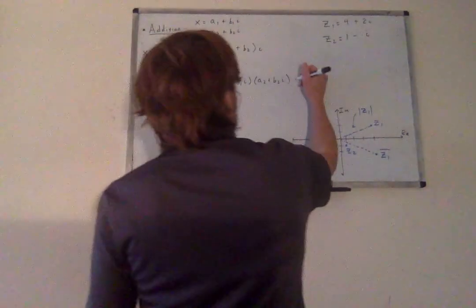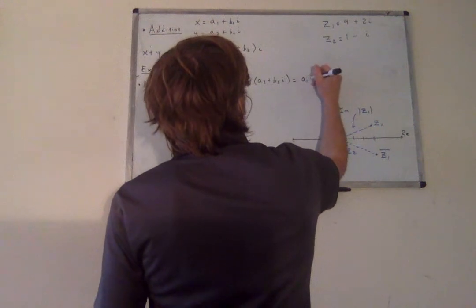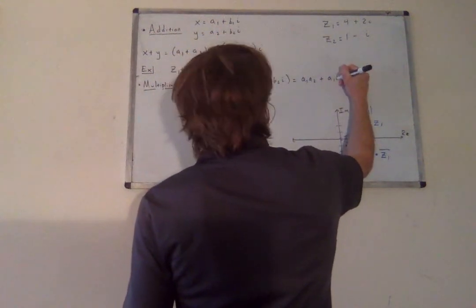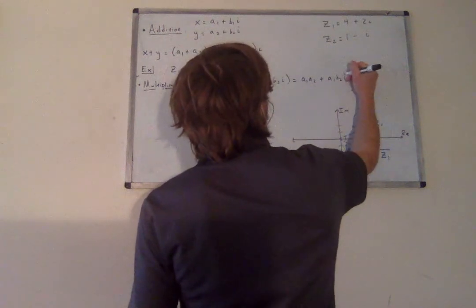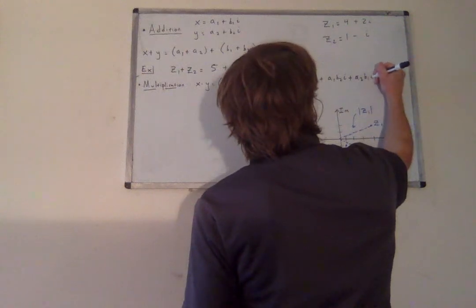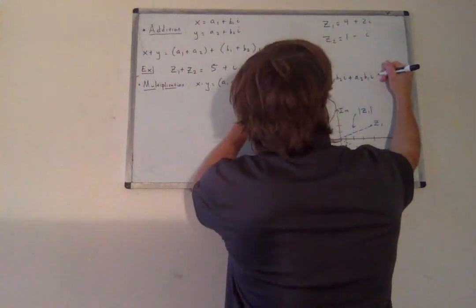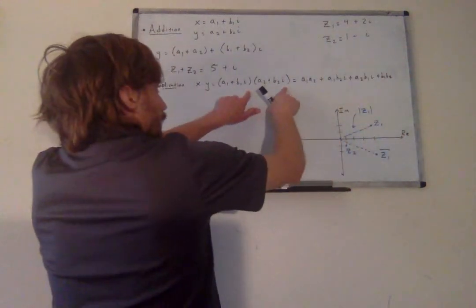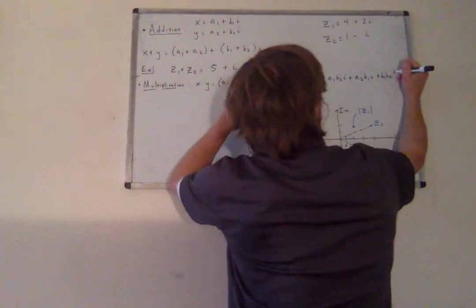Foiling this, you get a1 times a2 plus a1 b2 times i plus a2 b1 times i plus b1 b2, but then here we're going to get times i squared, but i squared is just -1.